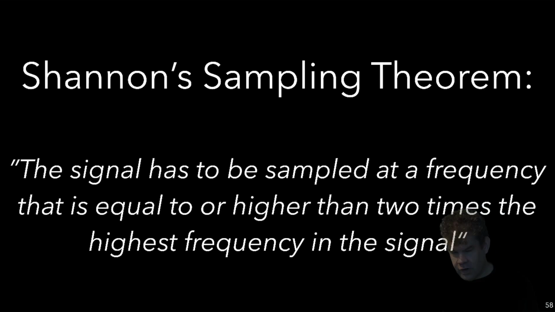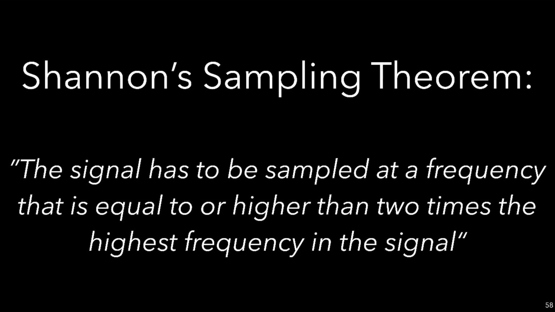Of course I can't give a lecture on sampling without at least citing Shannon's sampling theorem. And that's a little bit more specific than what I said before. Before I said there seems to be some sort of relation between our pixel resolution, sampling rate, and the signal structure size. And Shannon is a bit more specific.